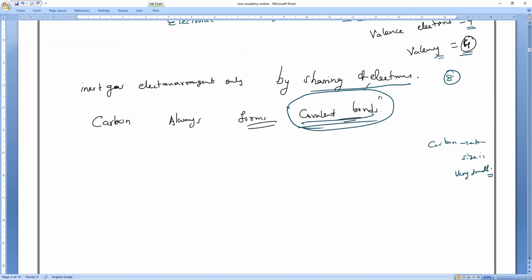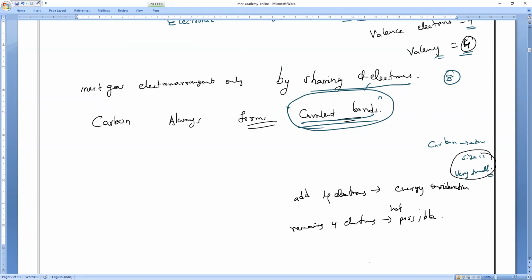Why can't we remove the 4 electrons? Why can't we add the 4 electrons? Adding 4 electrons needs a lot of energy. The energy consideration is very, very high. Removing 4 electrons is not possible because the size of the carbon atom is very, very small.